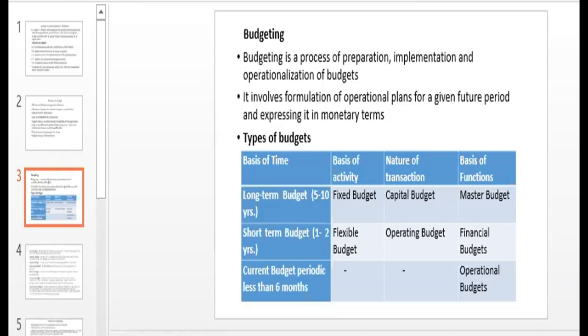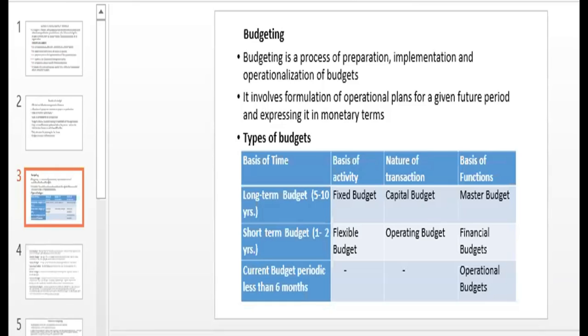Those are operational budgets. They are very flexible in nature, as opposed to the long-term budgets, which are more fixed than flexible. So this classification is very important in understanding how the adjustments can be done in the budget, depending on the type of budget that you're talking about.